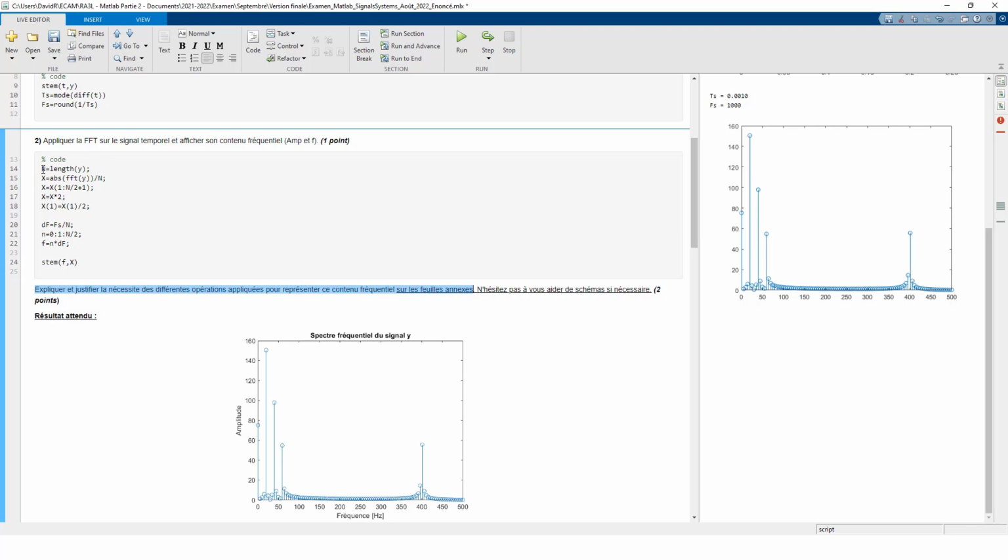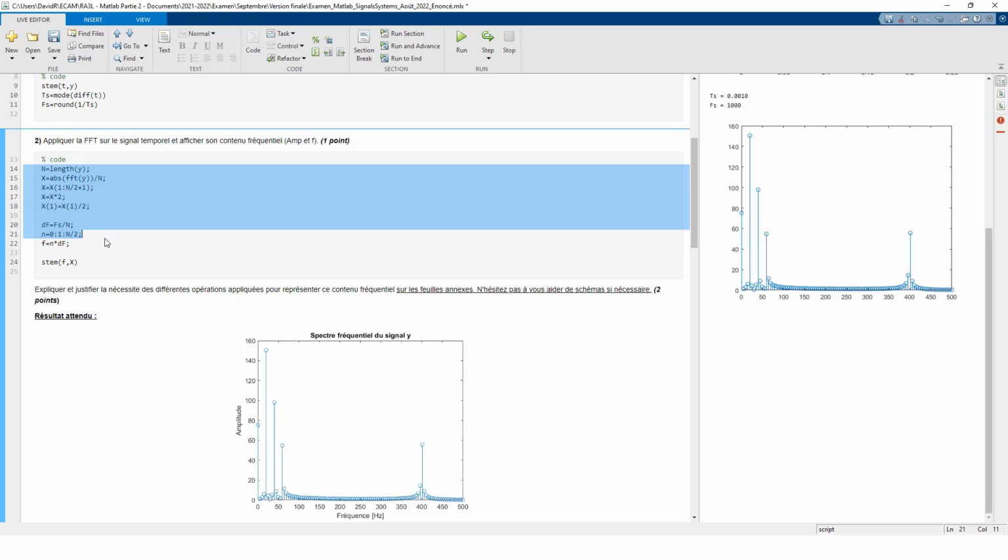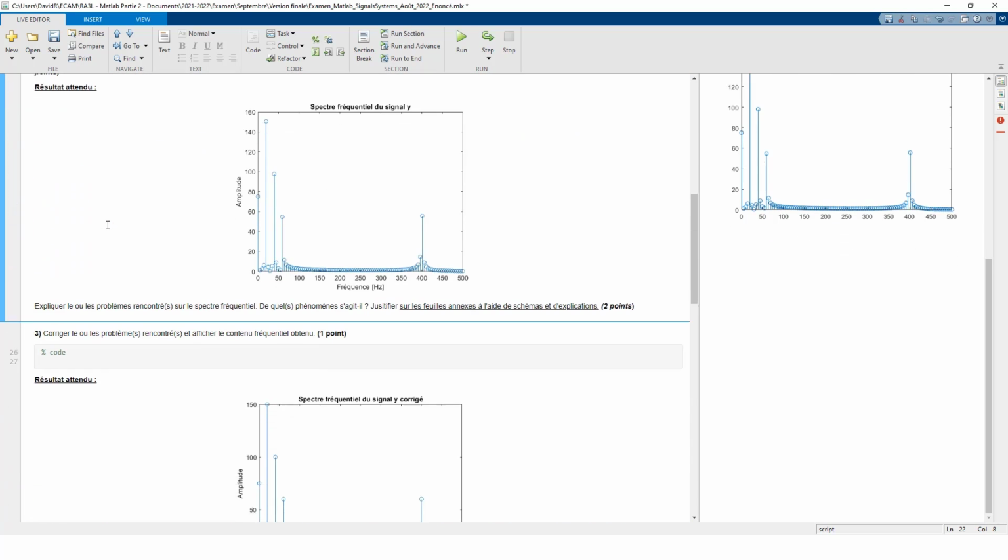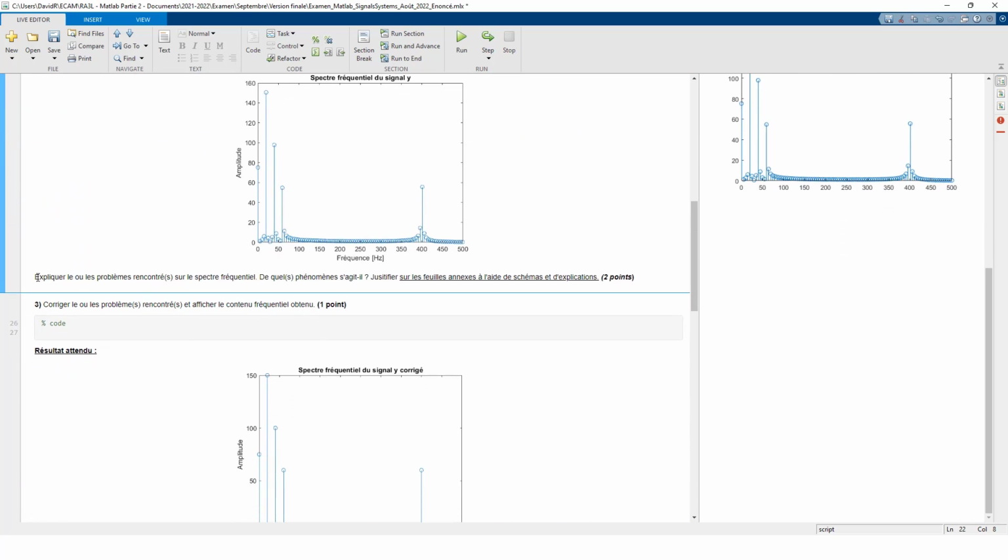Ça, c'est ce que je vous ai expliqué préalablement lorsque j'étais en train de taper le code. Donc là, vous avez eu les explications nécessaires normalement. Et on nous demande, pour terminer, d'expliquer le ou les problèmes qui sont rencontrés sur ce spectre fréquentiel et d'expliquer à quel phénomène ils sont dus.